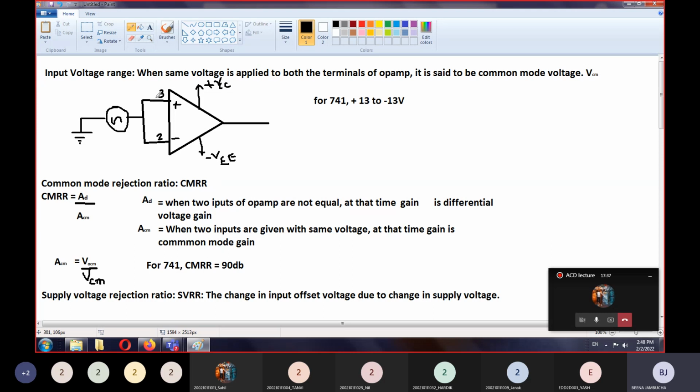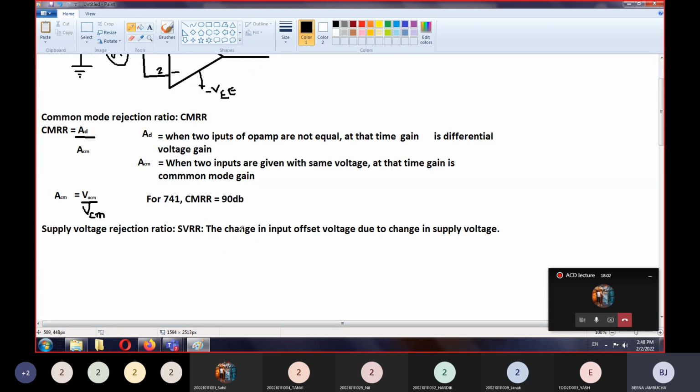This input offset voltage can also vary if we change the values of VCC and VEE, right? So if these values are varied, the input offset voltage will also change. This change in input offset voltage due to the change in power supply is known as supply voltage rejection ratio, SVRR.